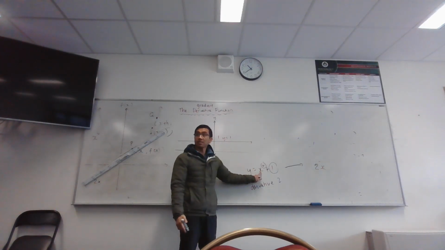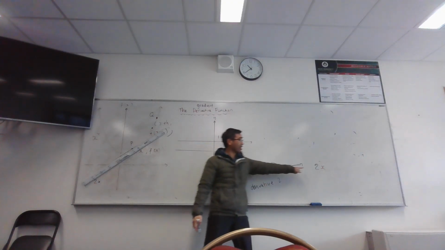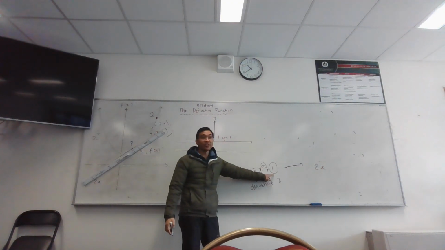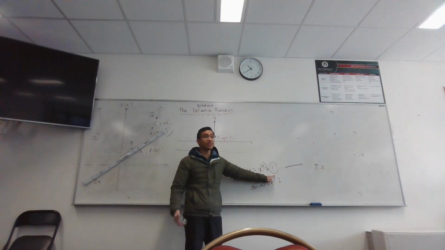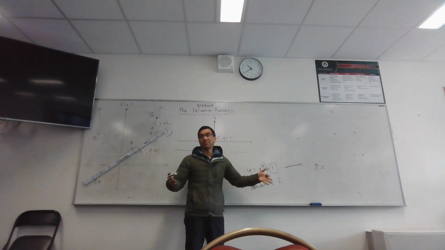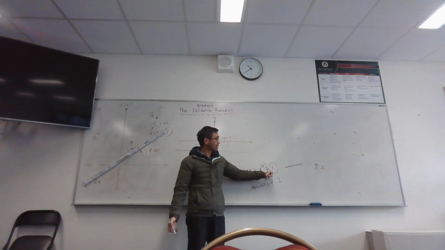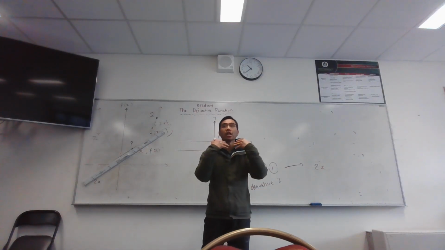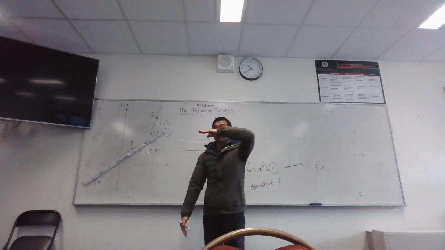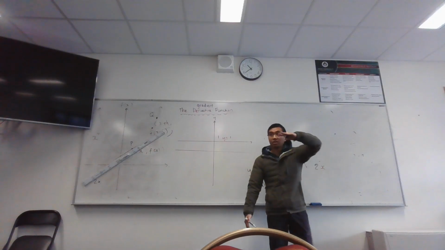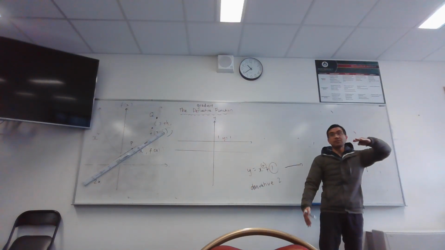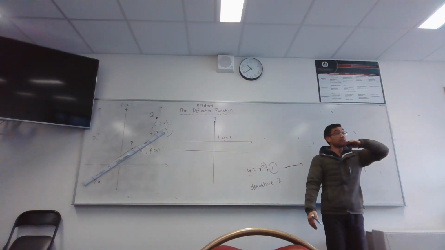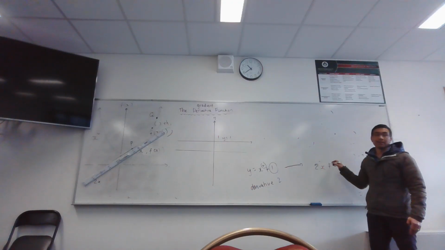So this quadratic became a line, and this constant became 0. When you derive constants, is there any gradient? There is, but it's equal to 0.